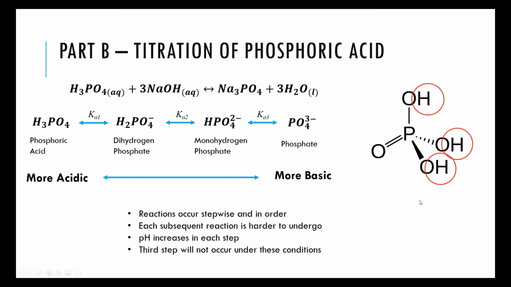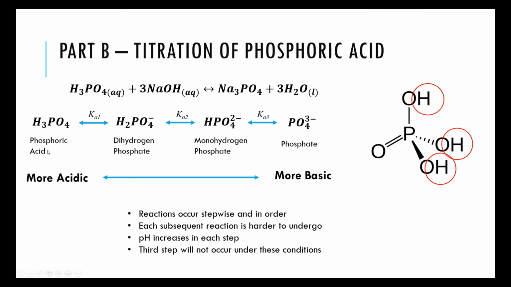And because of that, each one of these individual protons, these individual H plus ions, has its own Ka value. It is these Ka values from polyprotic acids that are weak acids that form a stepwise function.